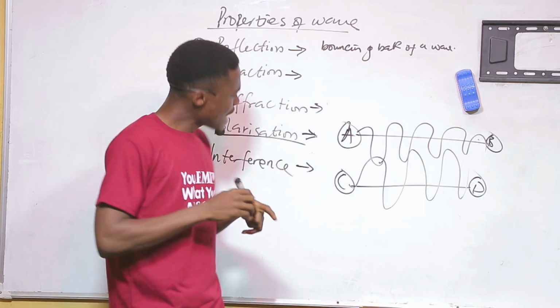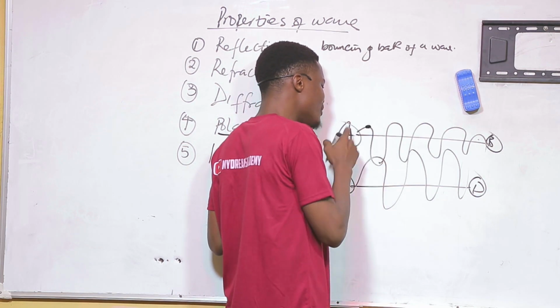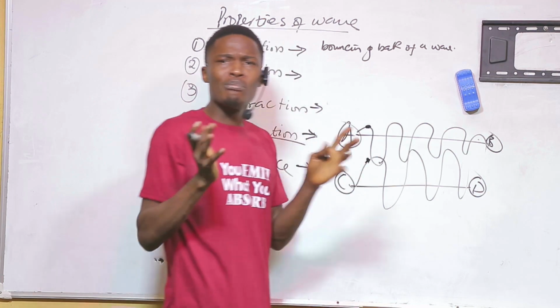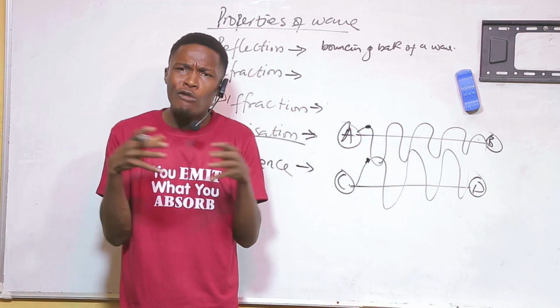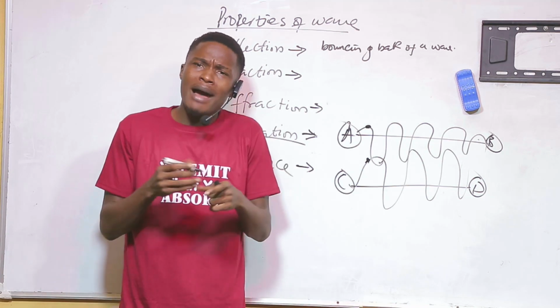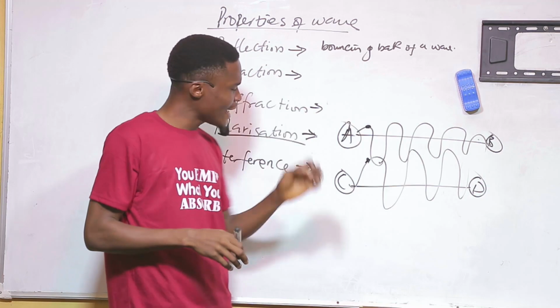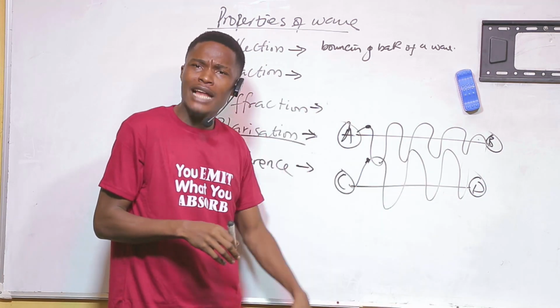Now, on the other hand, if the frequency of the wave of Mr. A is the same as the frequency of Mr. C, both of them will get confused. They will confuse each other. Imagine that Mr. A is saying hello on his end, and Mr. C is saying how far on his other end.